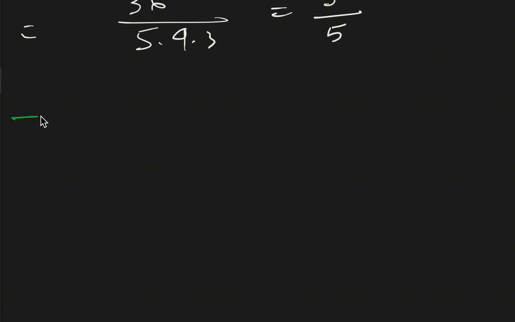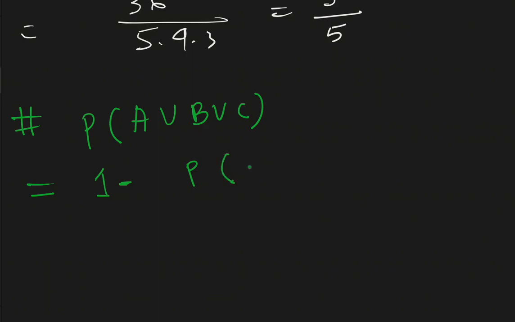We will calculate P(A union B union C), and we know this means 1 minus P of the complement of A union B union C.